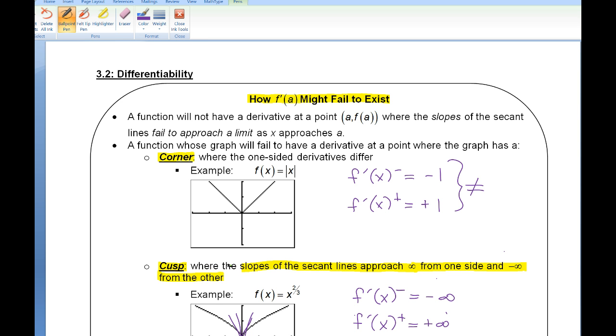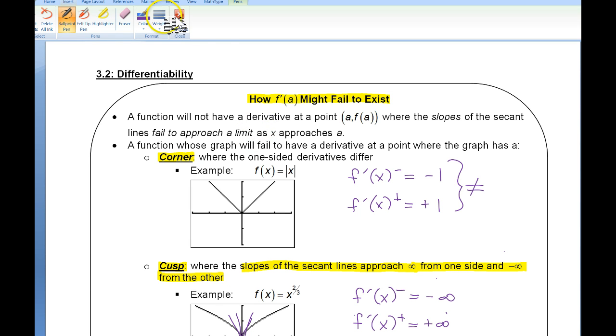Okay, so let's review, and you'll want to have your calculators handy. This is something that we covered on Wednesday. So how might the derivative fail to exist?